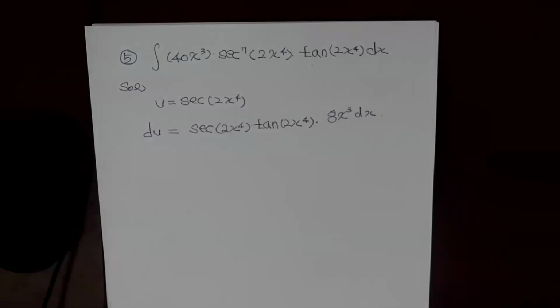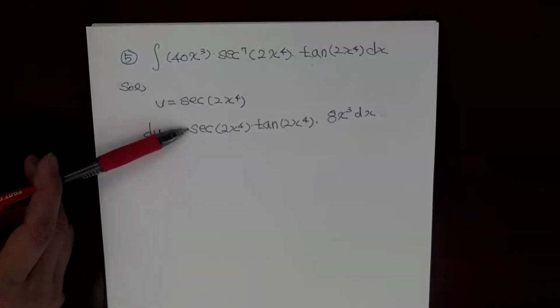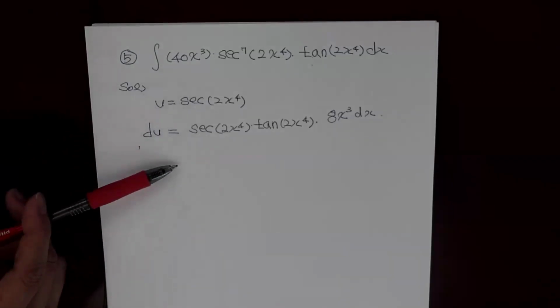Still, what is happening here is when you multiply u and du, we have only secant to the 2nd power.